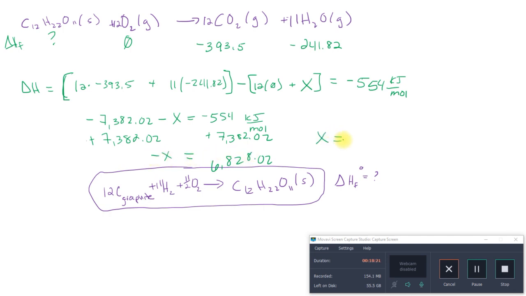So x is going to be the negative of that. Technically, that would be our last number, so negative 6,830 kilojoules per mole of sucrose. That is a lot of energy, which is why we like to eat it. Okay.